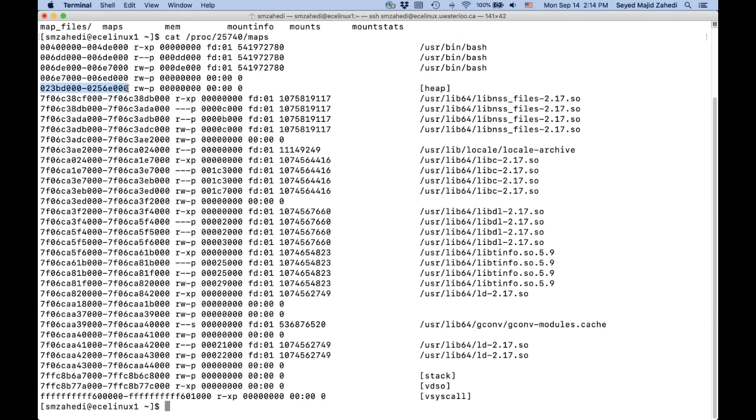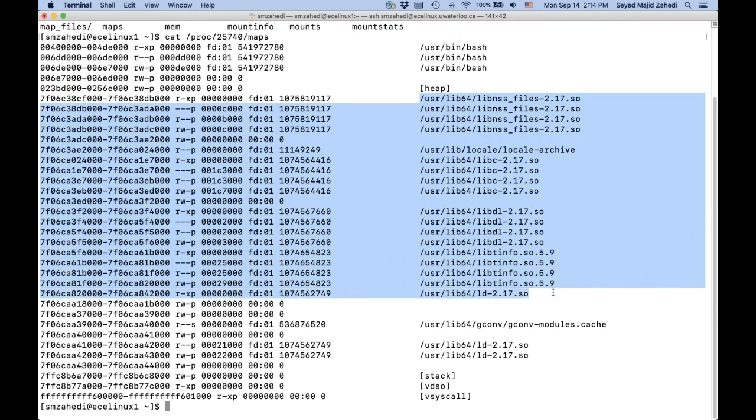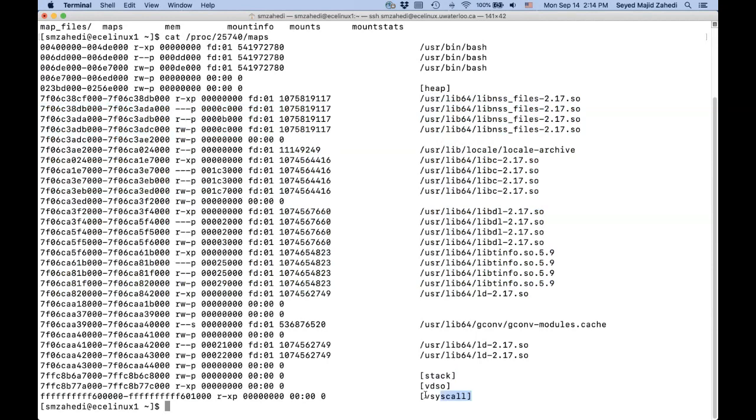These are virtual addresses where my heap resides. And then in between, I have a bunch of shared libraries between my heap and the stack. So the stack is here. And this space is used for virtual system calls and such. So this is just one example to see this in action.